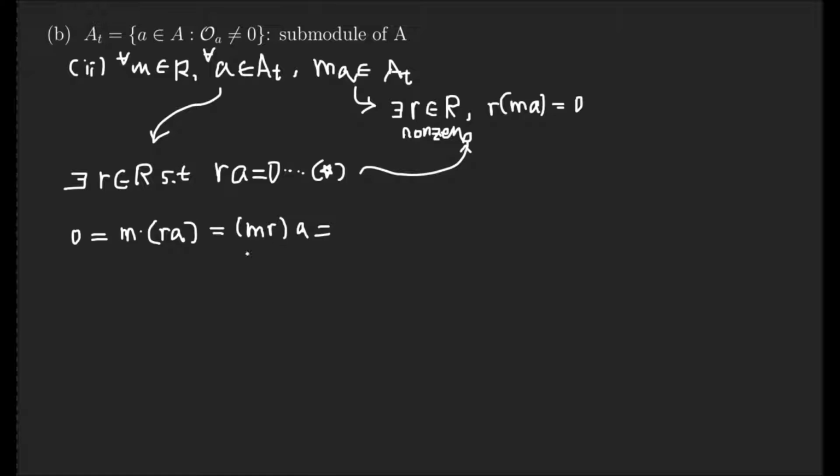And as I said, this is an integral domain, and an integral domain is a commutative ring. We can say r m a. So our proof is finished because r(ma) is equal to 0. In this case, AT is a submodule of A.